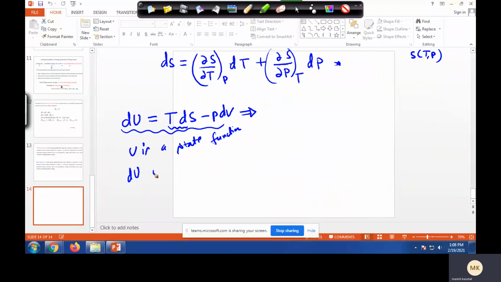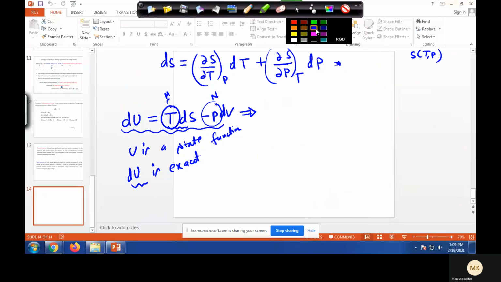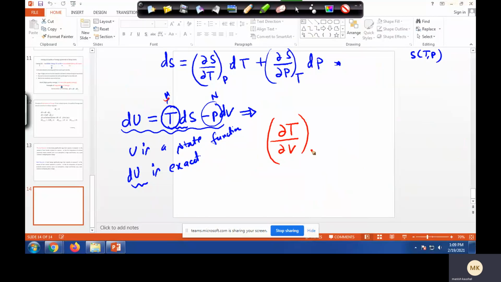So dU is exact. If that is the case, then this is my M and this is my N. And in order for dU to be exact, what will we write? Dou T by dou V at constant S, so this is M, right?